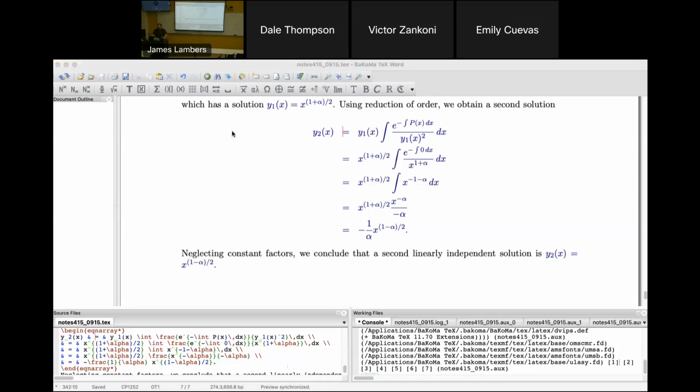Take a look at the schedule here. I have more material for this section.